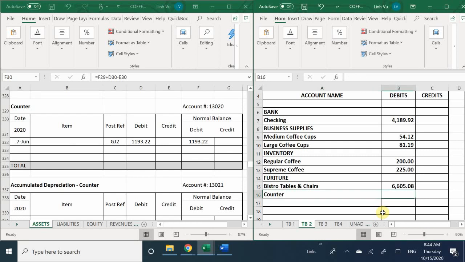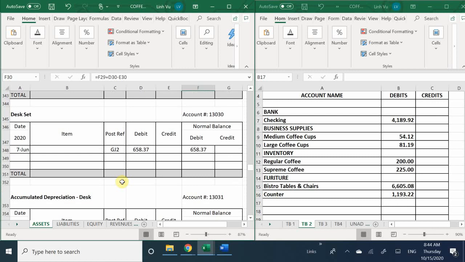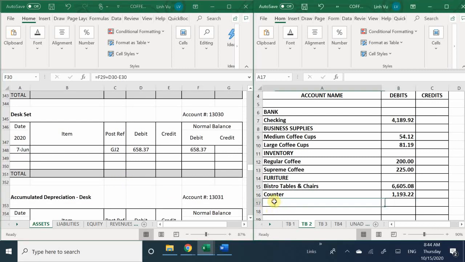We also have a counter for $1,193.22. We also bought a desk set, which we received for $658.37.